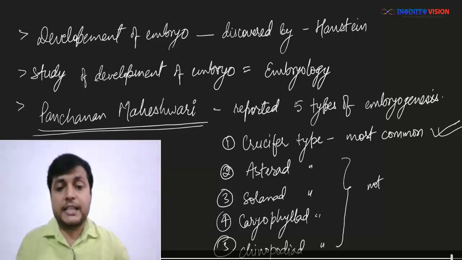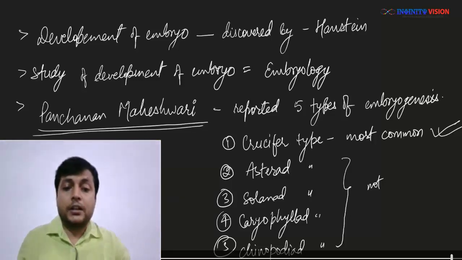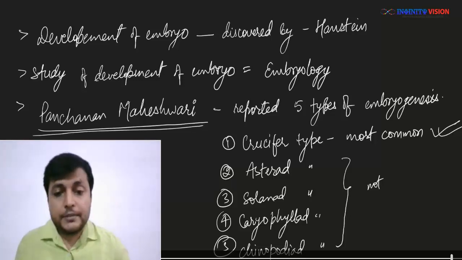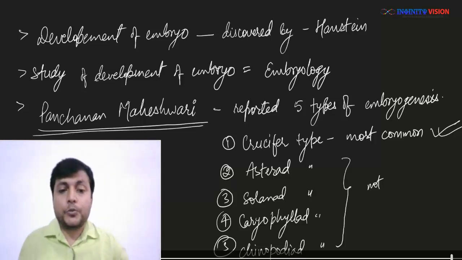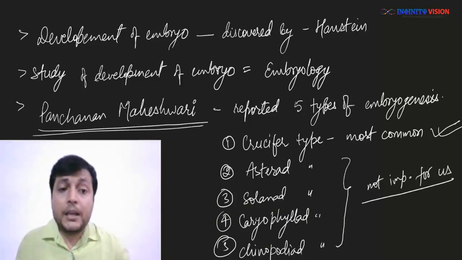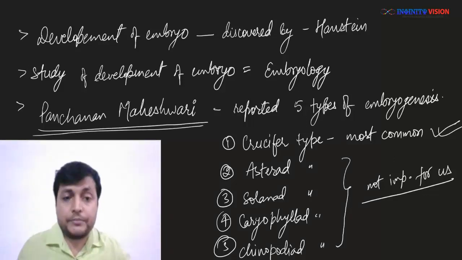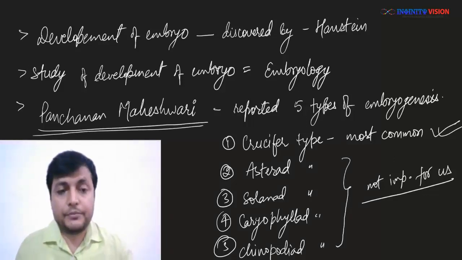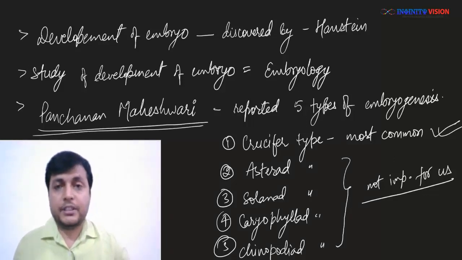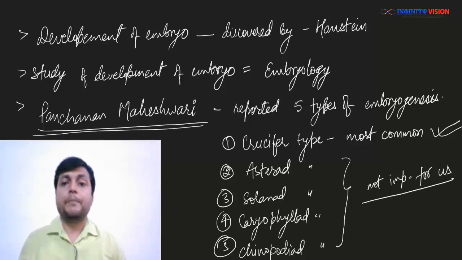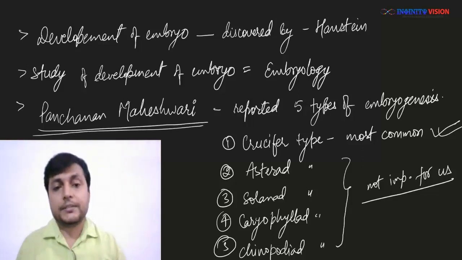The first one, the crucifer type, is what we have to study. The remaining 4 are not very important for us. So that's it. This is how embryogenesis occurs, how an embryo develops in a plant.